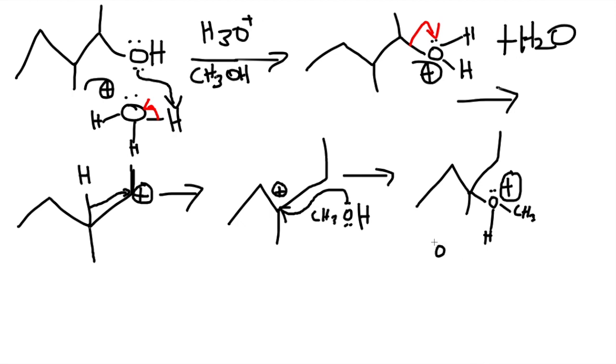So water comes in to deprotonate this oxygen. One lone pair goes to hydrogen. This hydrogen gives off the electrons to oxygen. And so we get a final product of looking something like this.